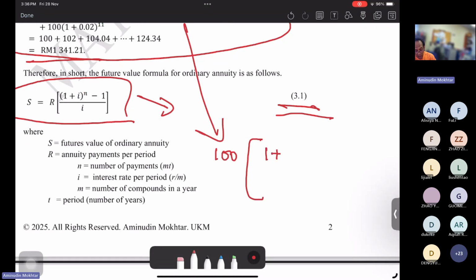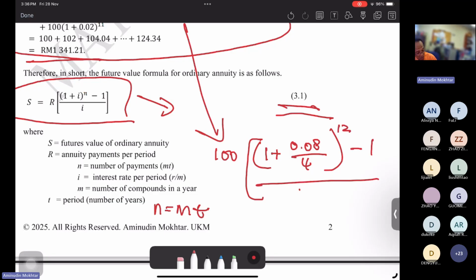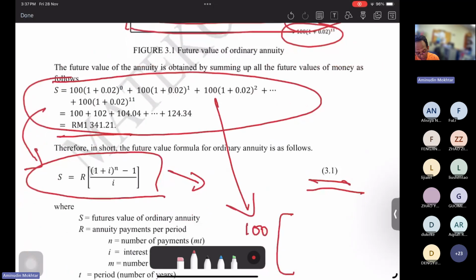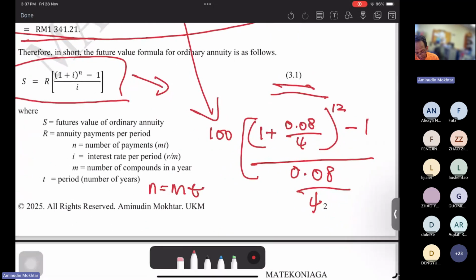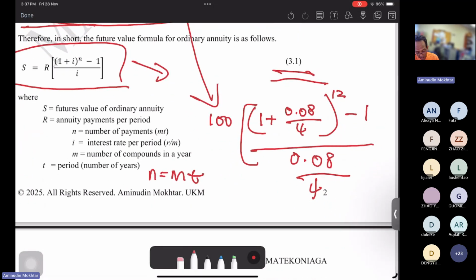We have 1 plus I, 0.08 divided by 4, M equals 4, to the power of what? N. In this case, n equals mt, because now we are using the formula that is the power of n minus 1 divided by 0.08 over 4. That is R over M, I. And then you just calculate this.